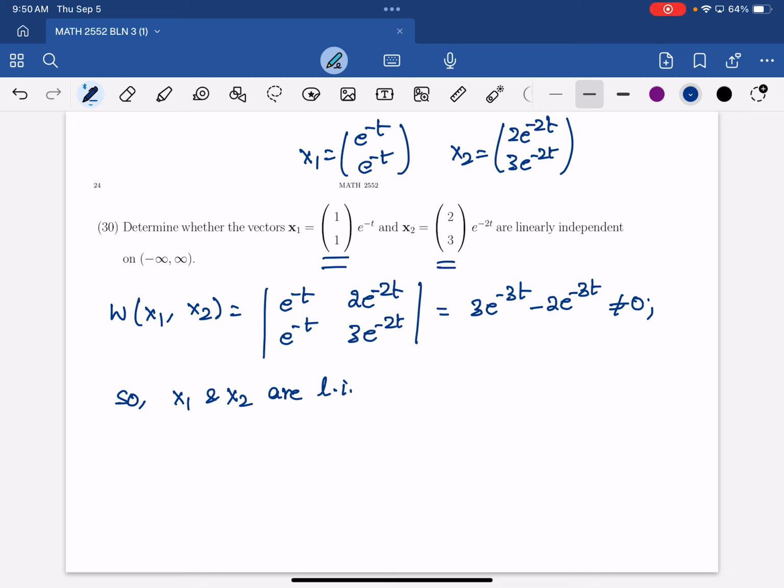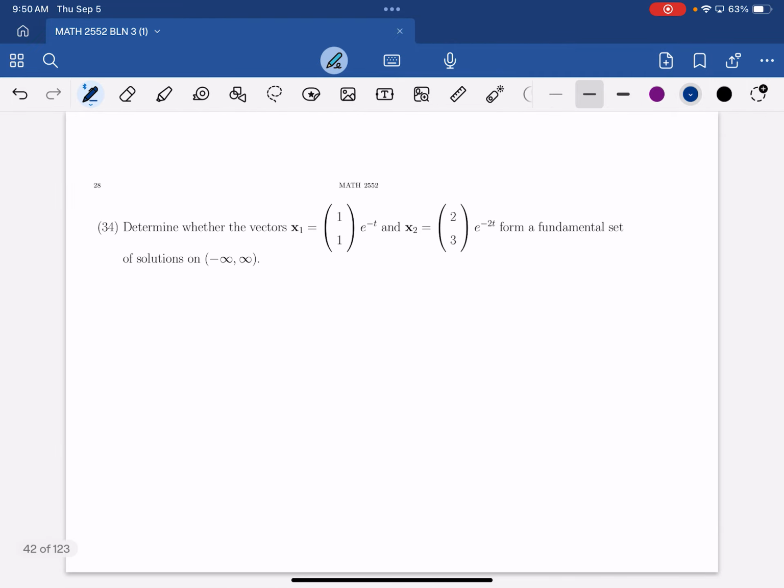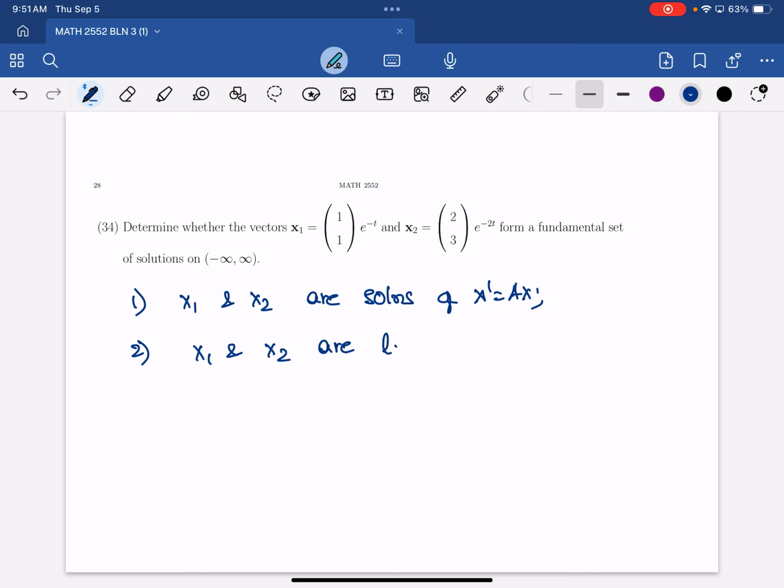Is that clear? So now, x1 and x2 are the solutions of the system x prime equals Ax, and x1 and x2 are linearly independent because the Wronskian is not equal to 0.